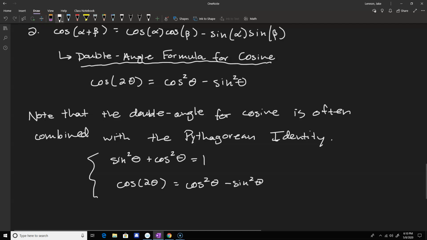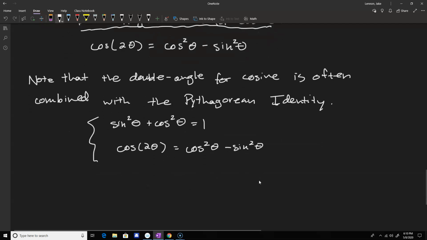So what you can do is you could solve for sine squared or solve for cosine squared in terms of cosine of 2 theta and go ahead and plug that back into the top equation. So I'll write down what those identities are when you plug them in, and you could go ahead and work out the details yourself. So you get the following identities.